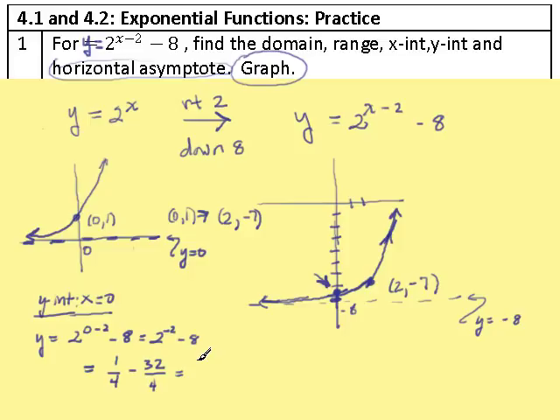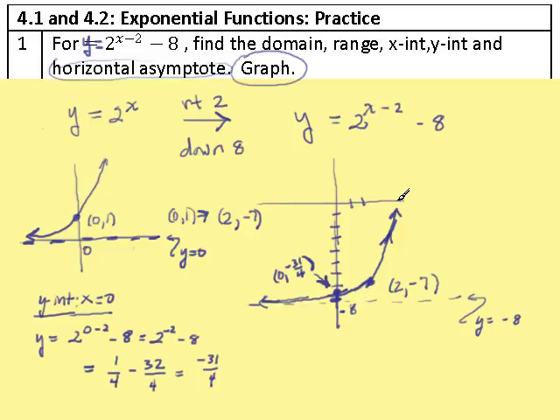So if we subtract, we get minus 31 over 4. All right, so this point over here is 0, minus 31 over 4. And it's a little bit above minus 8 on the y-axis.